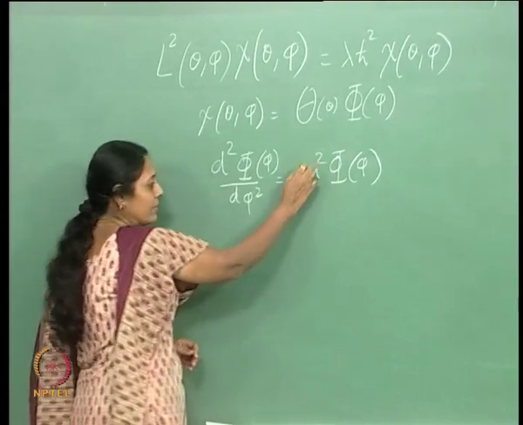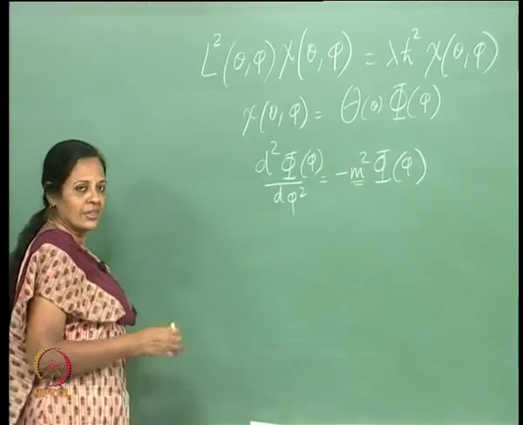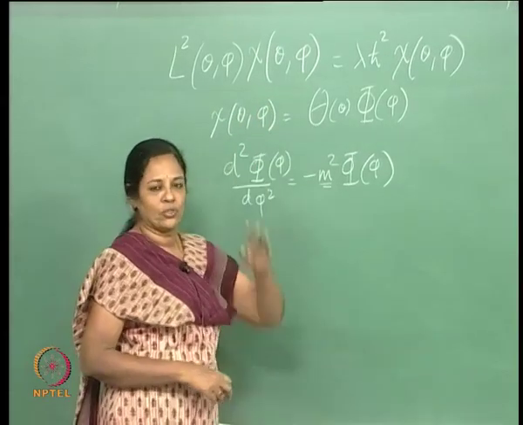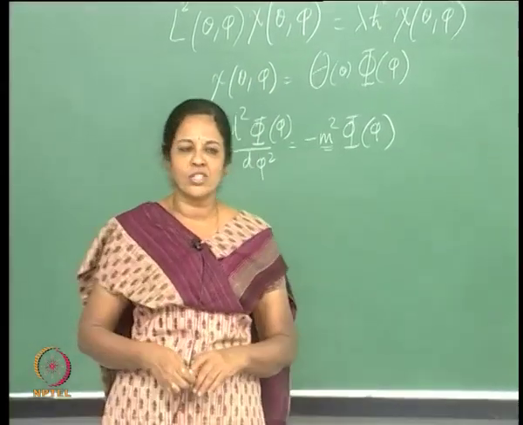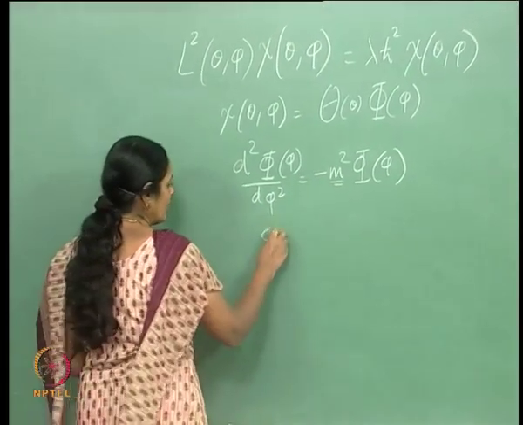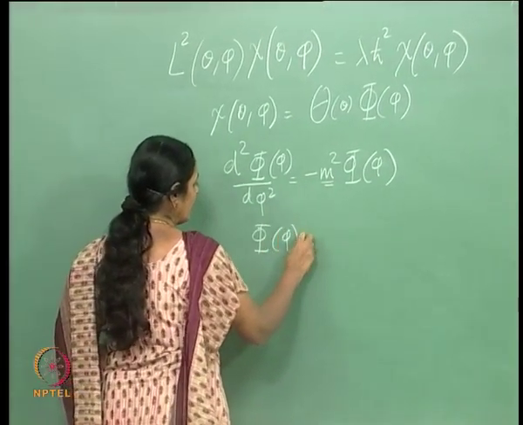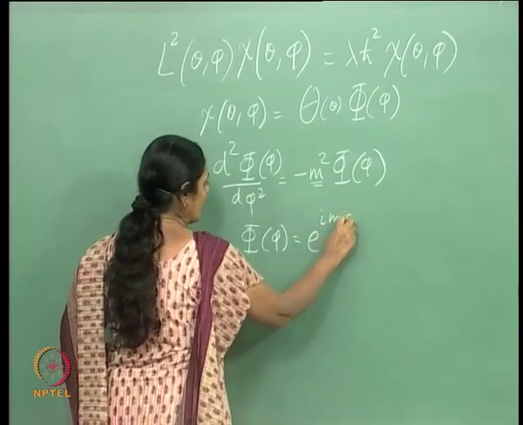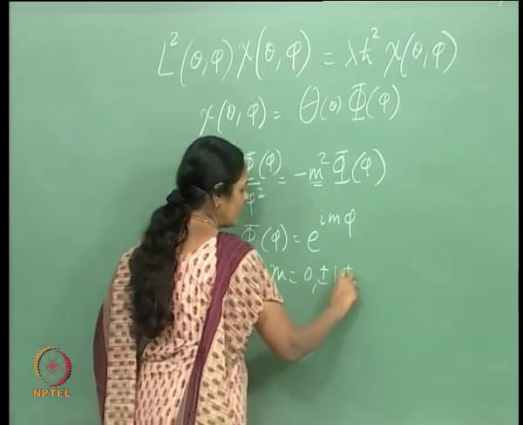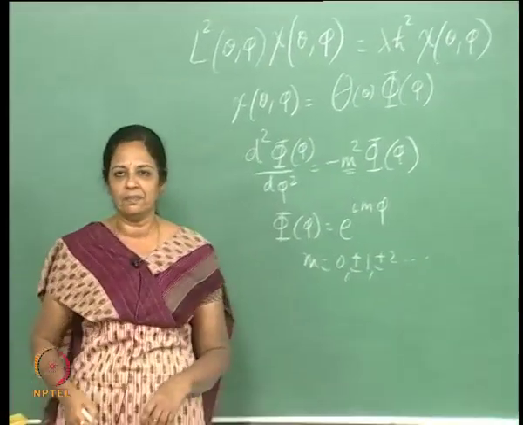What appears here is the separation constant that you would have when a function of theta is equated to a function of phi after you do a separation of variables. So this is the separation constant. The solution for phi of phi is therefore e to the i m phi, m taking value 0, plus minus 1, plus minus 2, and so on.